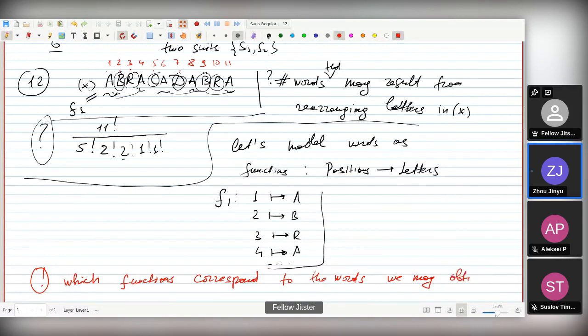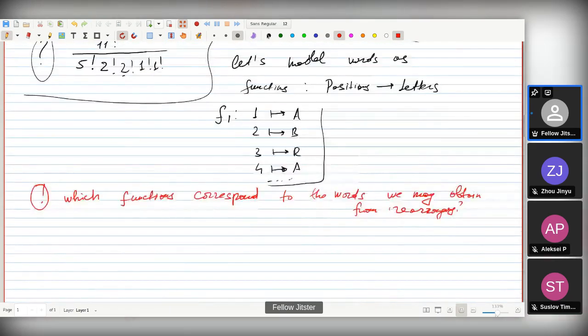Number of letters. Of occurrences. The number of occurrences of each letter, the number of its copies. Is it clear? Yes. This is the main idea.